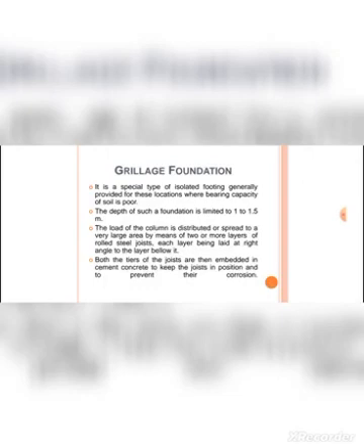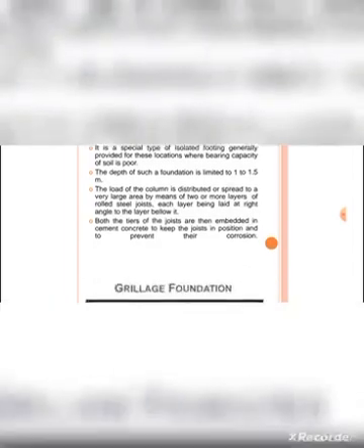The load of the column is distributed or spread over a very large area by means of two or more layers of rolled steel joist, each layer being laid at right angles to the layer below it. Both tiers of the joist are then embedded in cement concrete to keep the joist in position and to prevent their corrosion.